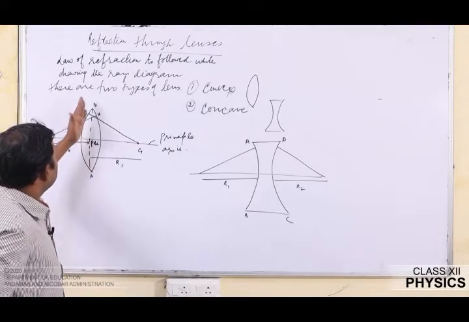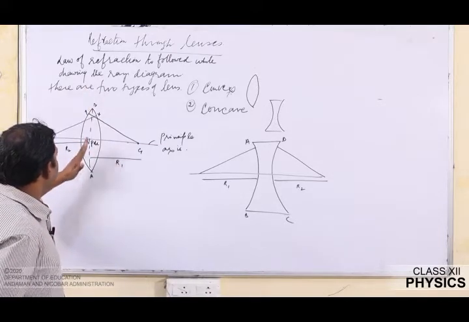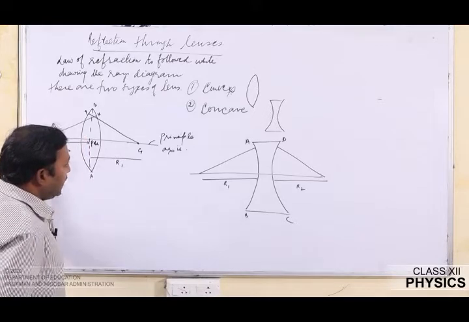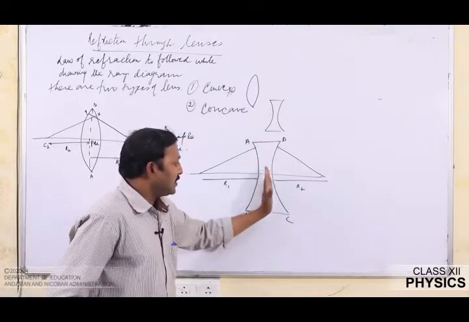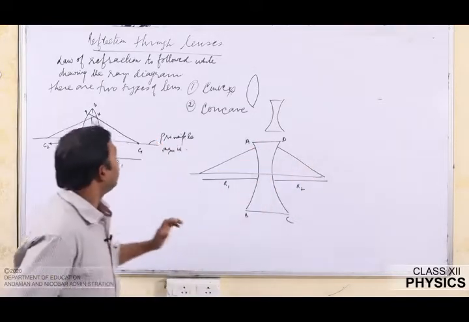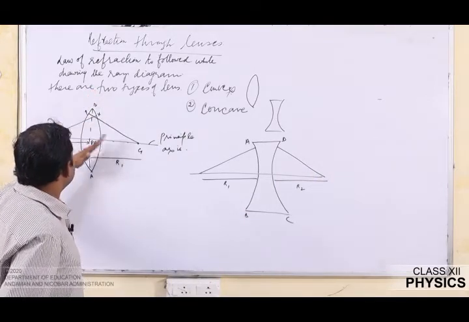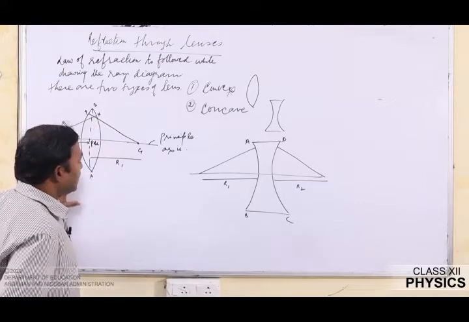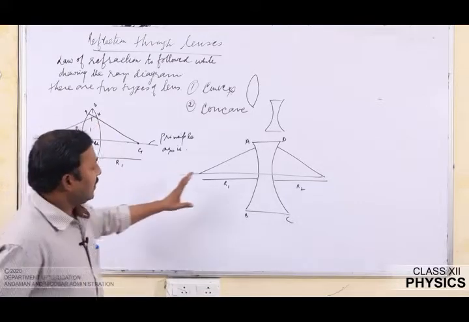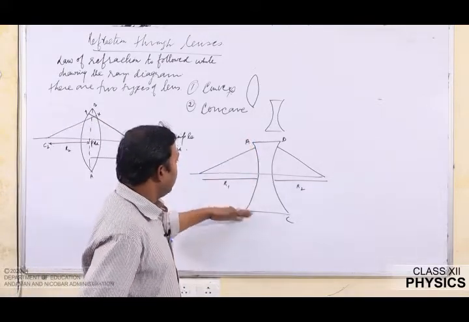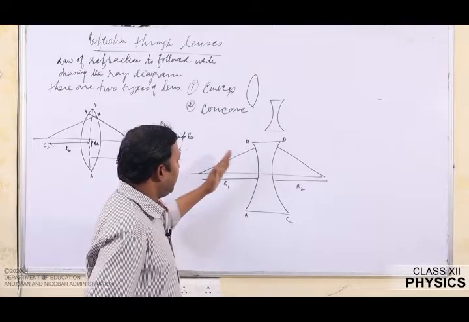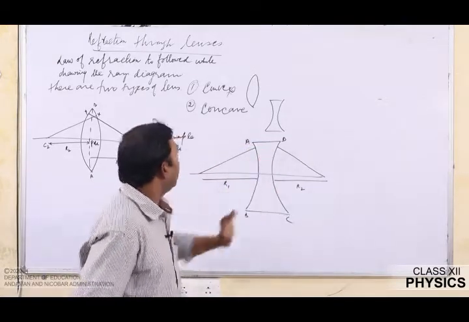For the convex lens, the radius of the second surface lies on the left hand side, whereas for the concave lens, the radius for AB lies on the left hand side and for DC on the right hand side.